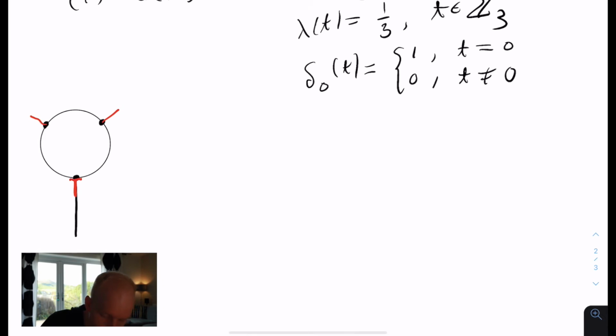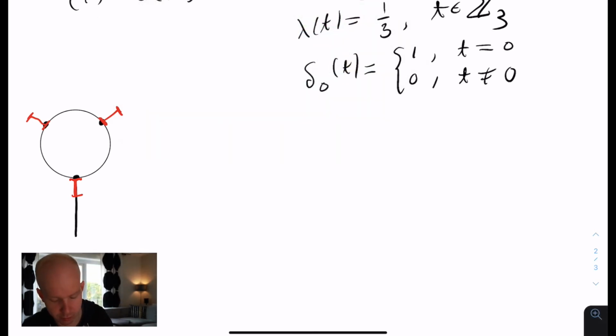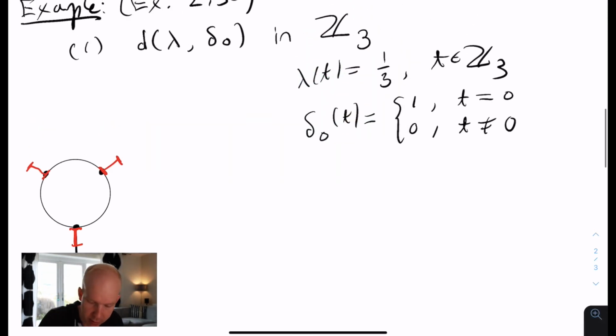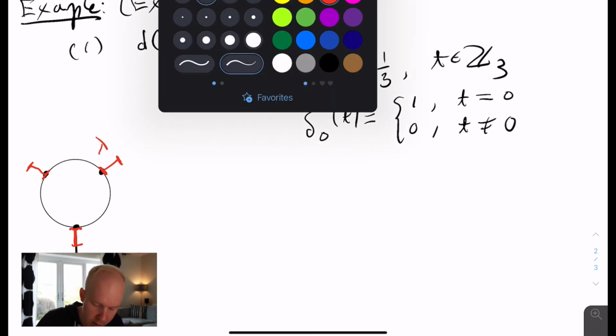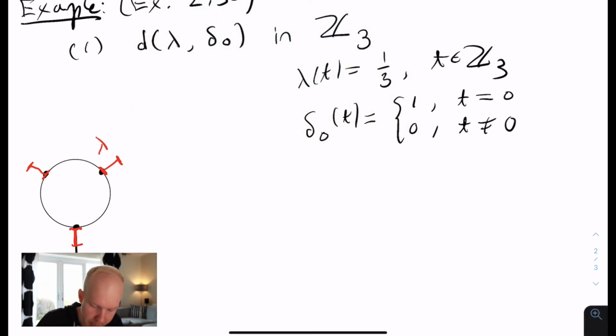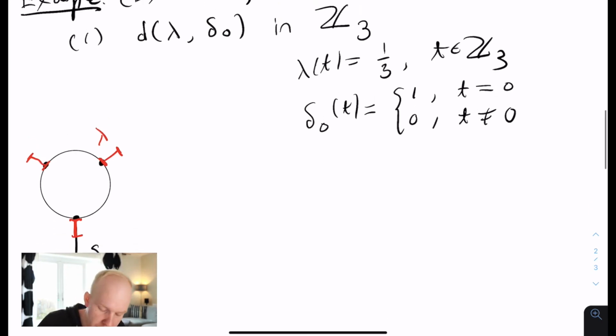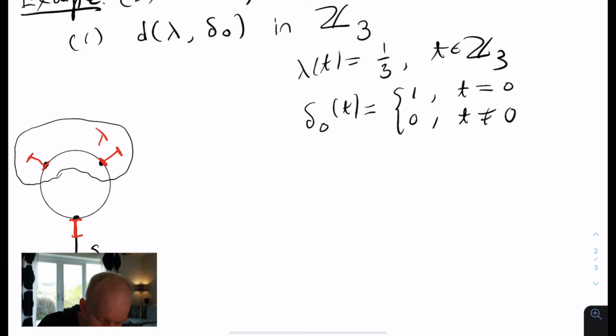If the red one is lambda and this is delta 0, then the distance is probably contributed mostly from something involving this side here. All these points, for example, could come out.